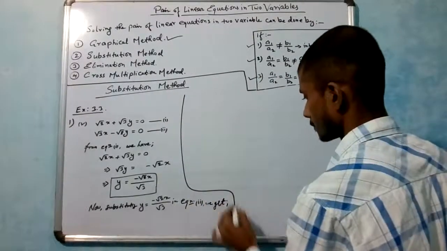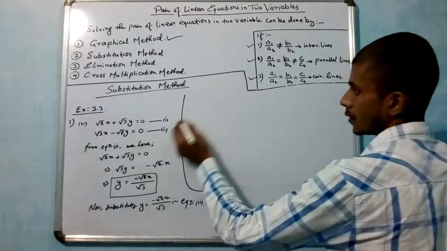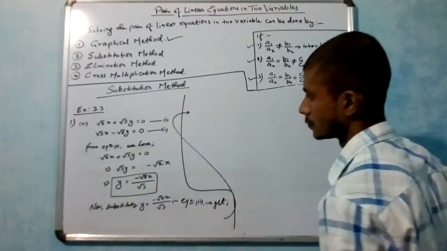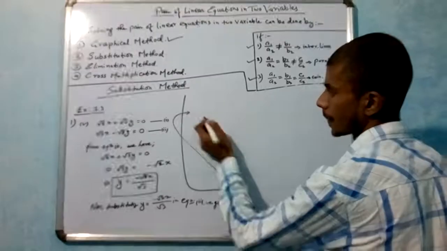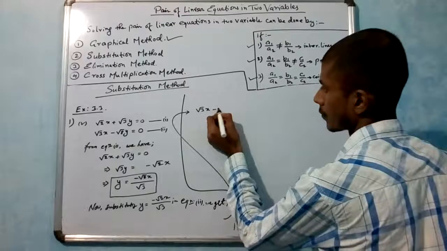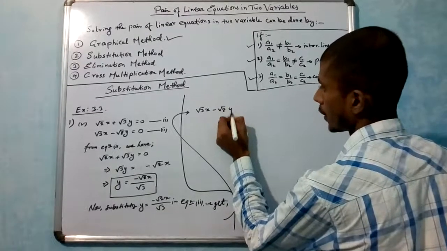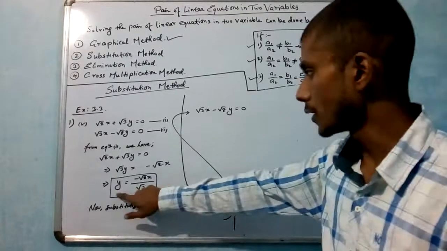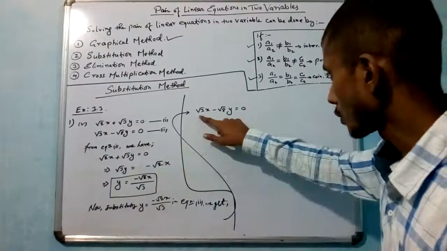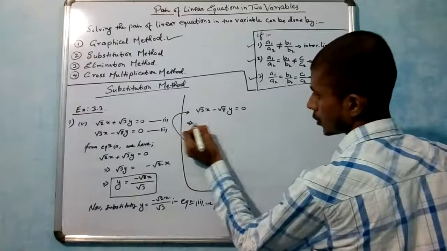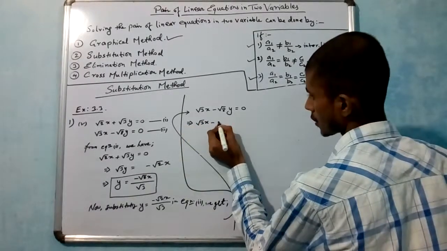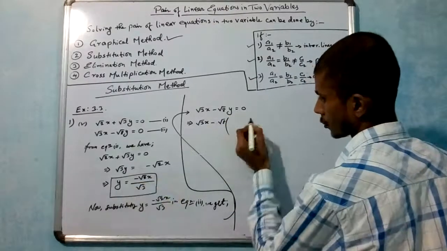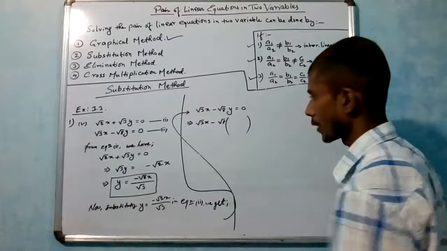Root 8y is equal to 0. Now this I have written, and now in place of y I will substitute this. So till here I will copy the same: root 3x as it is, minus root 8 as it is, and then the y value. The y value is looking bigger, so I will put a bracket so that my work will be easier.